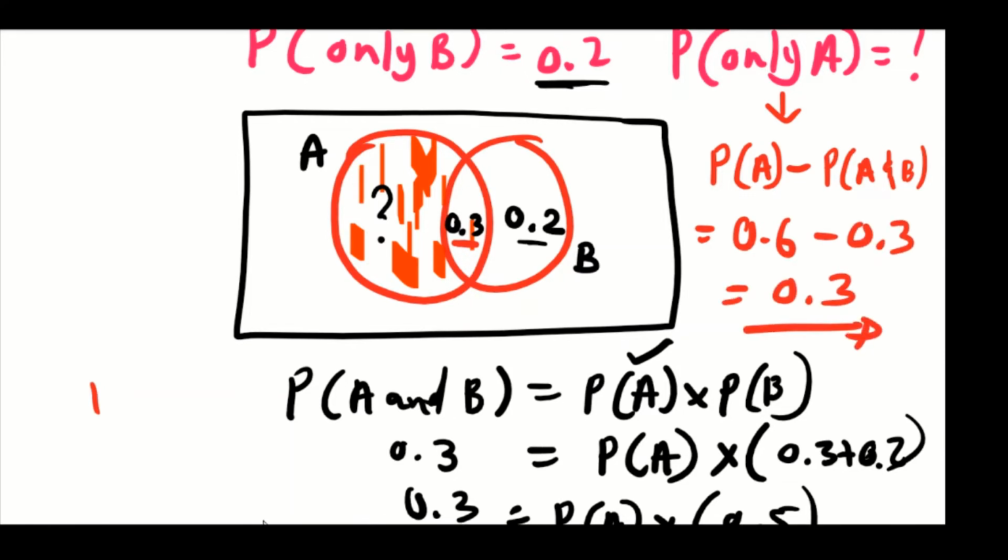So this is the probability of only A. Let's indicate it here, which is equal to 0.3. Fine, so we're done with this question here.